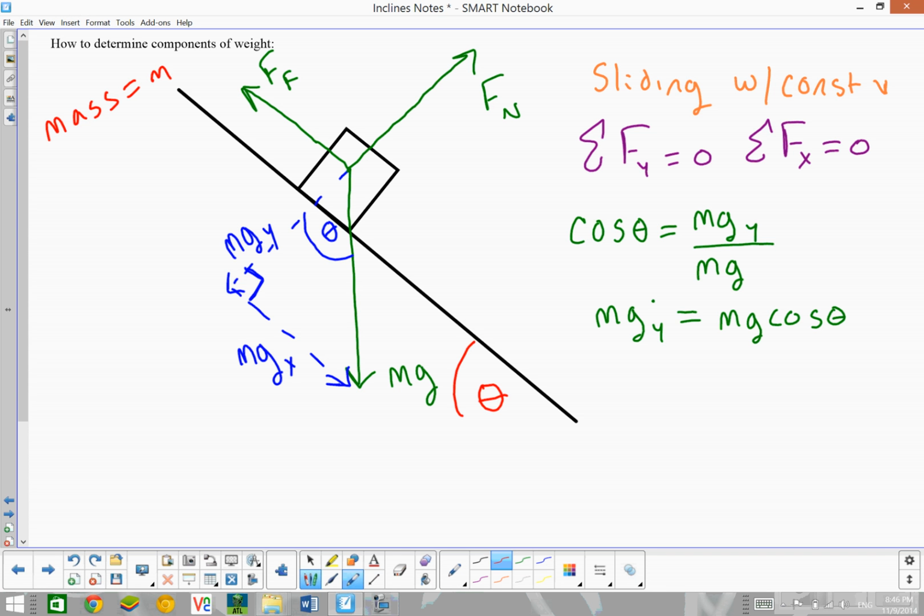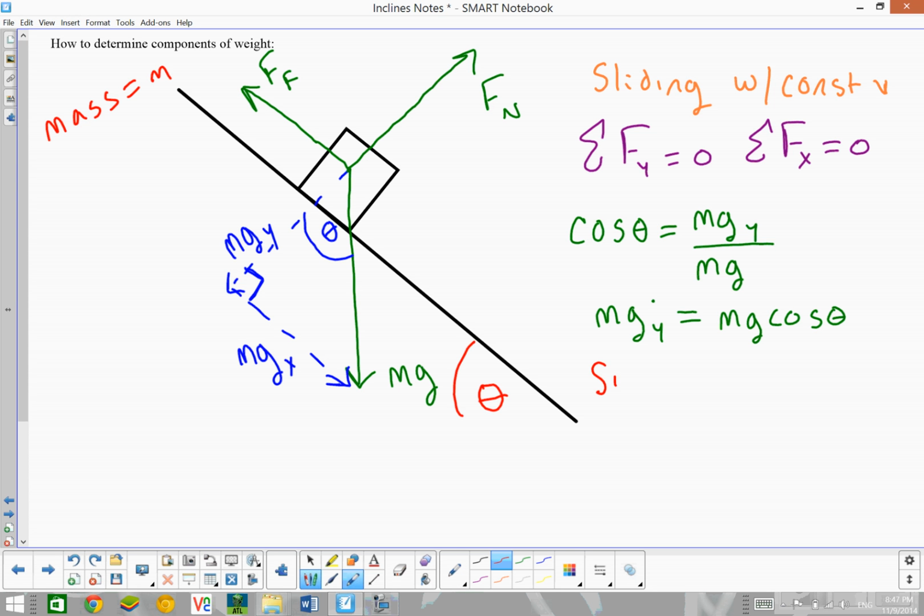We can do the same thing for my x component of gravity. Once again, we're going to look at trig. We're going to see that we have the hypotenuse, mg, and mgx is opposite of my angle theta. So I'm going to go ahead and use sine.